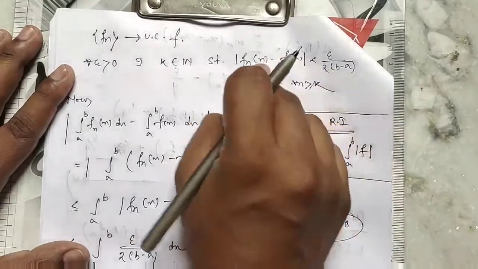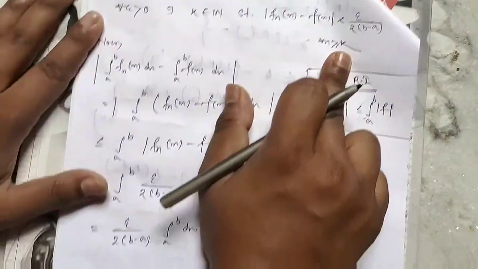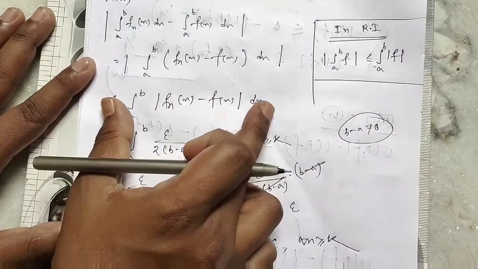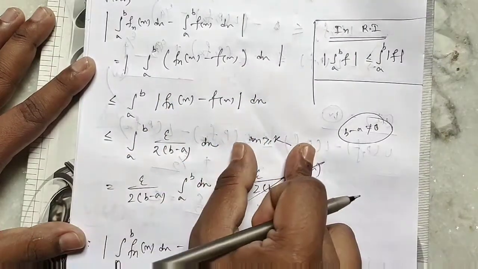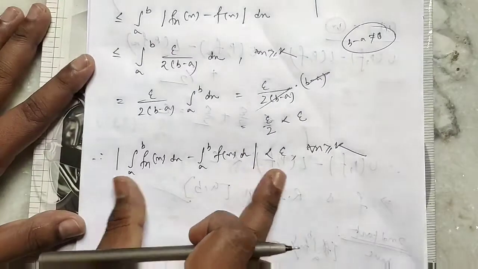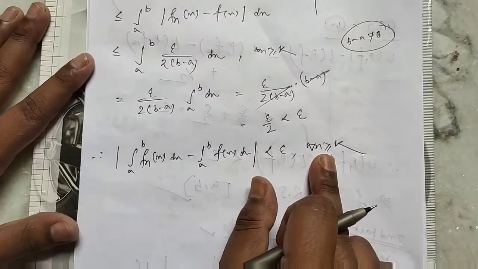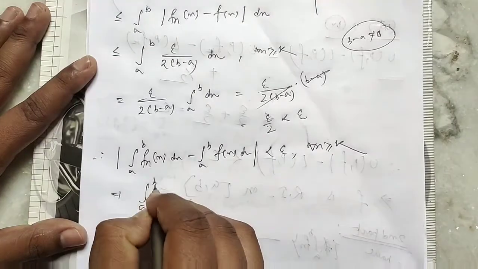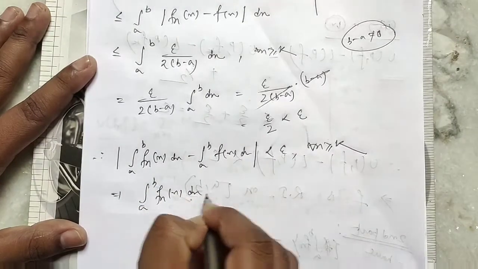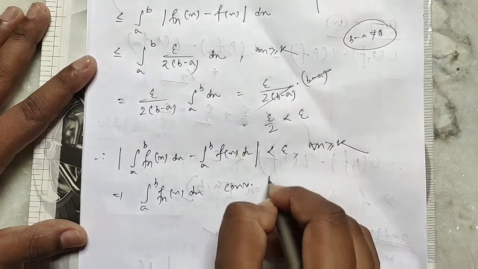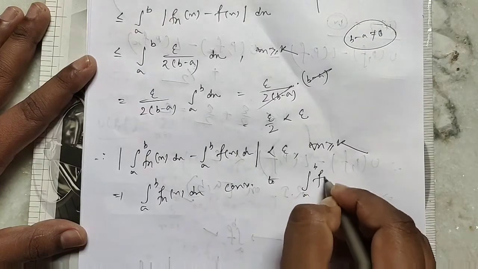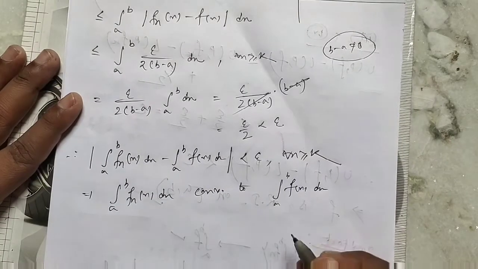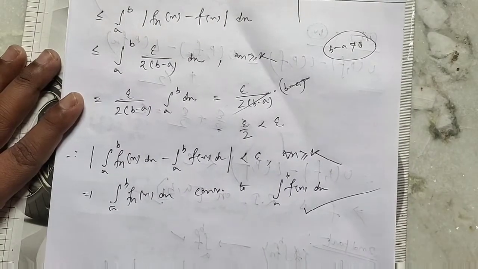So this is less than epsilon for all n greater than or equal to k. This implies integration a to b fn x dx converges to integration a to b f x dx. Clear? So this completes our proof.